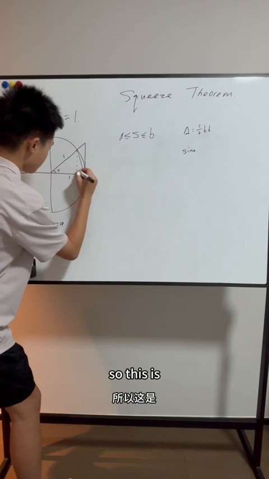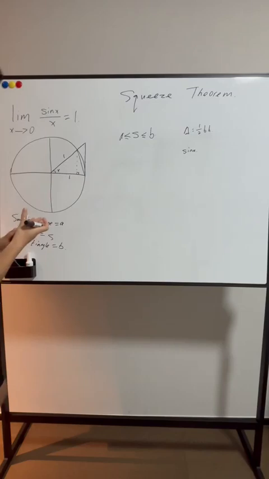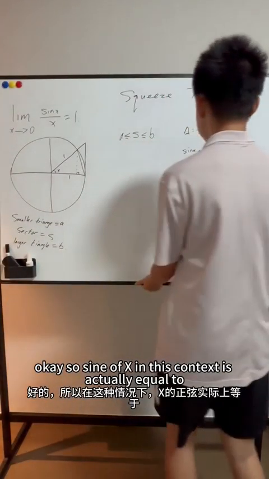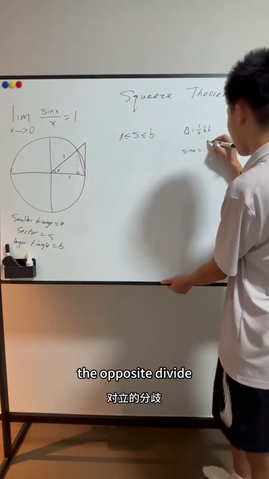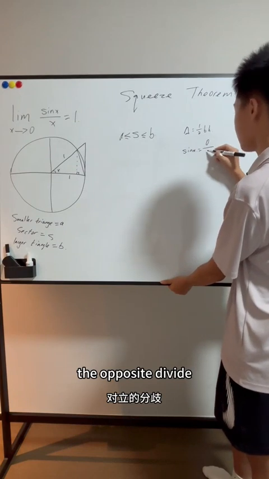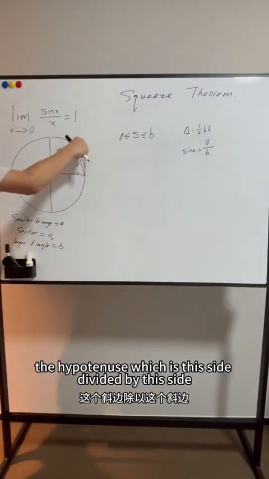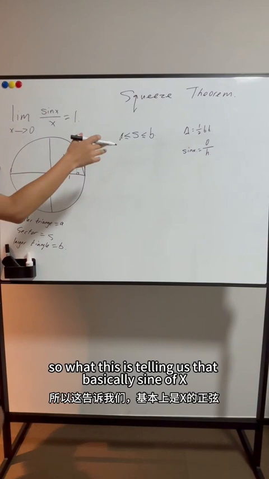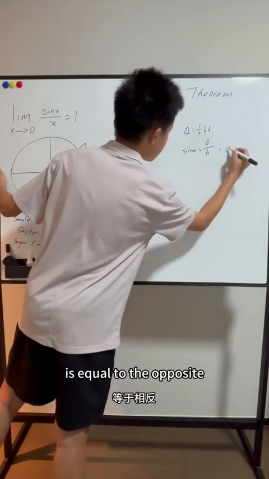This is perpendicular to the radius. Sine of x in this context is equal to the opposite divided by the hypotenuse, which is this side divided by this side. We know that this side is 1, so sine of x is equal to the opposite.